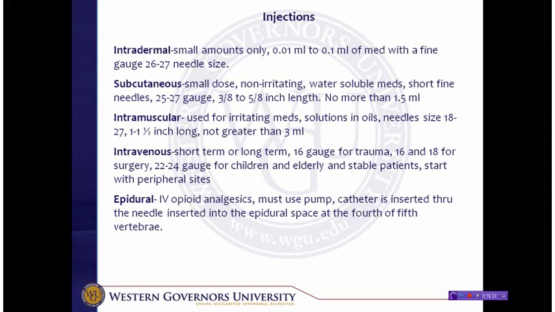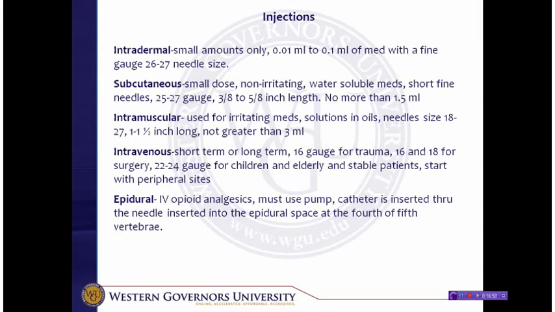We need a bigger needle size because it is generally thicker fluid or greater volume of fluid, but not more than 3 milliliters. And the needle needs to be a little bit longer, so 1 to 1.5 inches, because it's got to get past that subcutaneous layer and into the muscle.